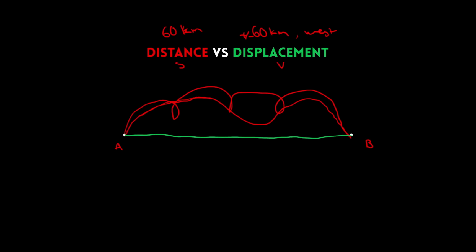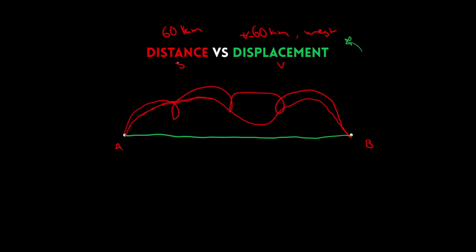Distance looks at the entire course taken and the distance covered through the route that you take to get from A to B. And the displacement is basically the exact distance, the shortest distance between point A and point B, the starting point and the final point. And when you're denoting this, you have to remember that you have to include a direction.